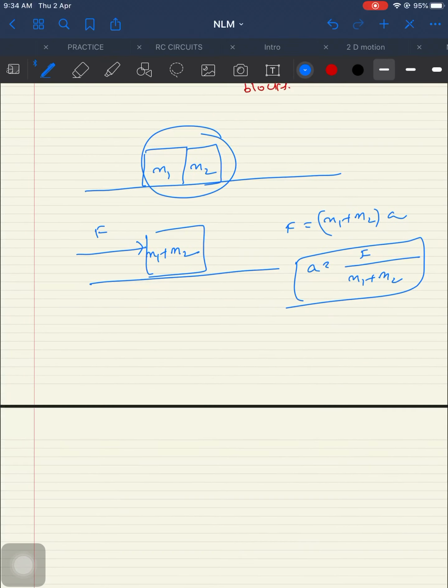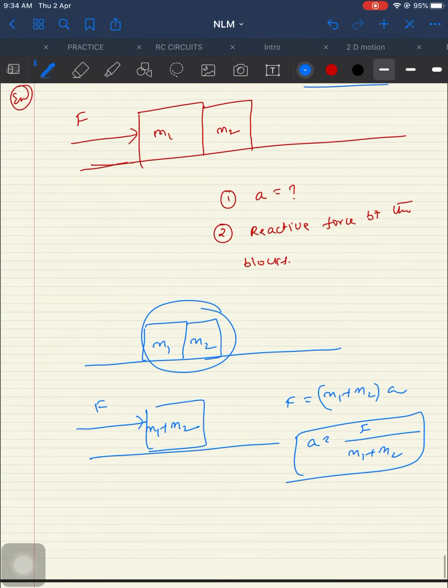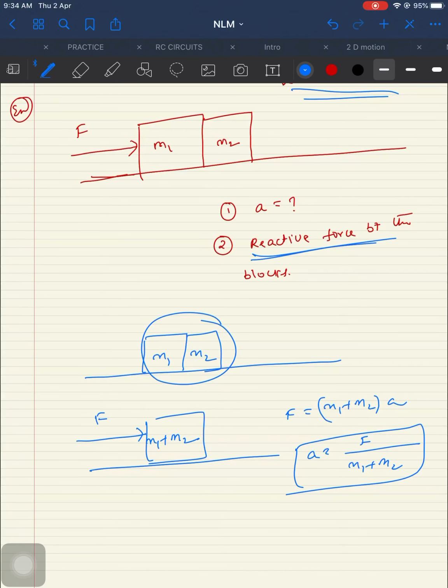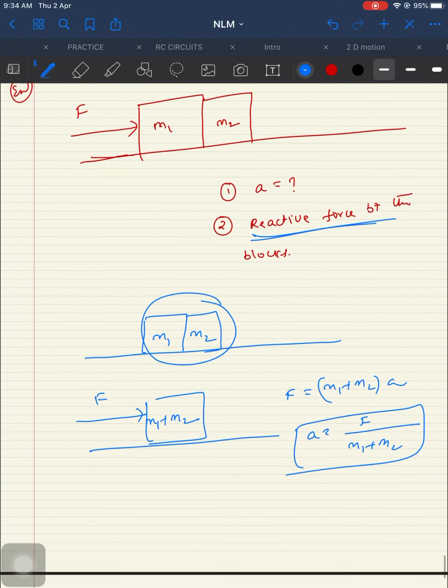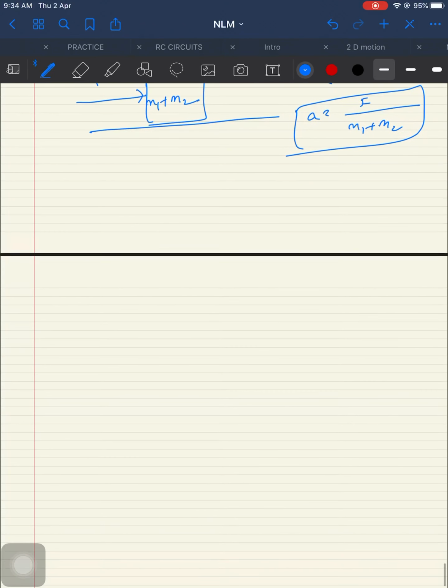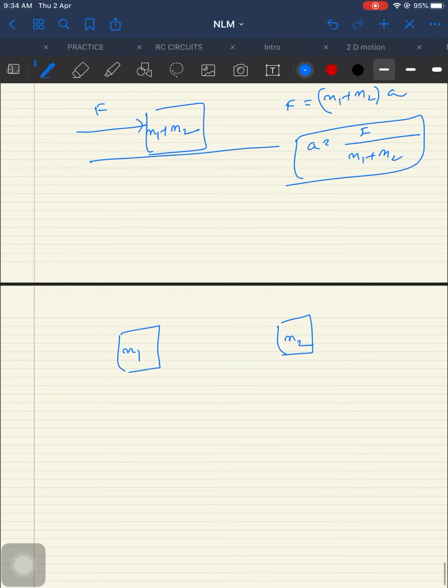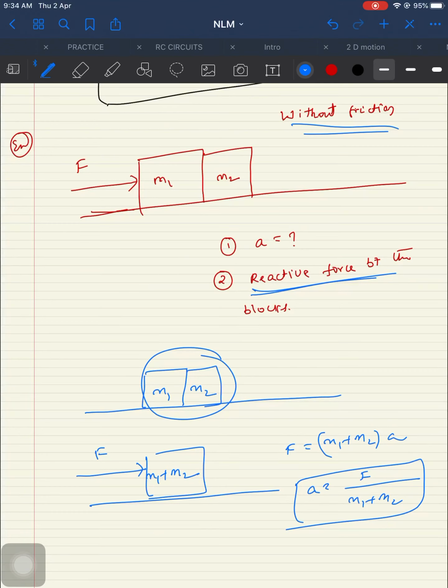The next question is, what is the reactive force between the blocks? Listen carefully. In this case we draw the free body diagram of the individual blocks m1 and m2. I'll copy this question once.